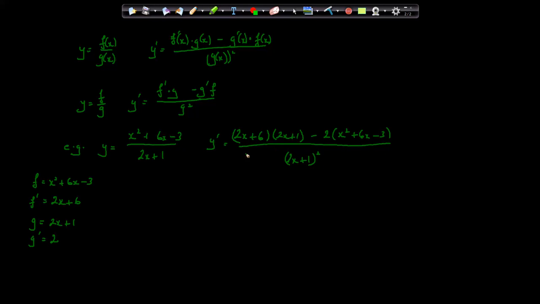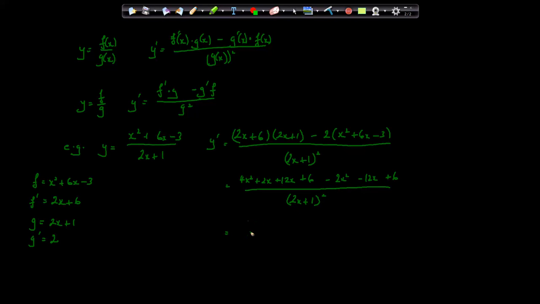Okay, so this can be simplified further, and I think we should do that here. So this is going to be 4x squared plus 2x plus 12x plus 6 minus 2x squared minus 12x plus 6, all over that bottom line squared, which I'm going to leave in that squared form.